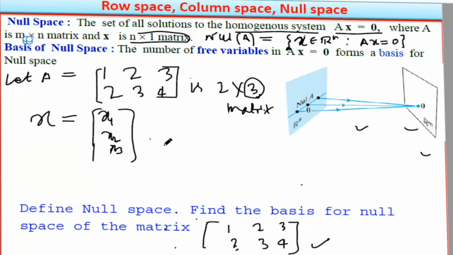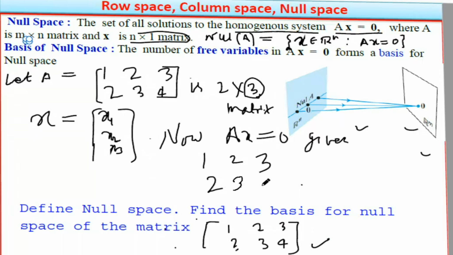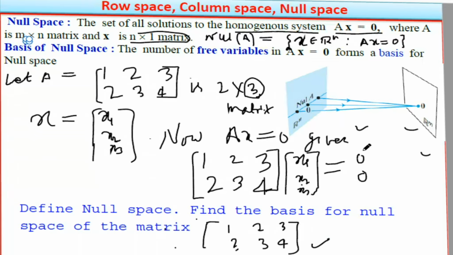Now we set Ax equal to 0. In this case, A is 1, 2, 3 and 2, 3, 4, and X is X1, X2, X3, and the right side is 0 and 0, because X is a 3 by 1 column matrix, so the answer will be 2 rows, 1 column.